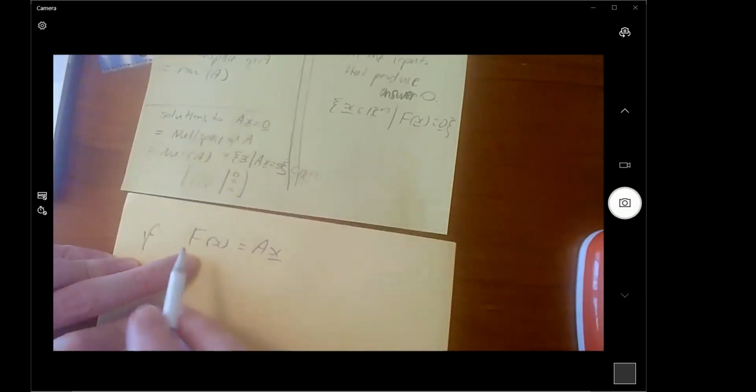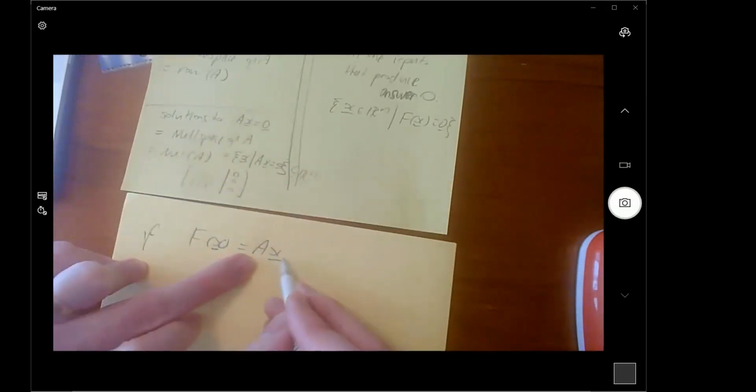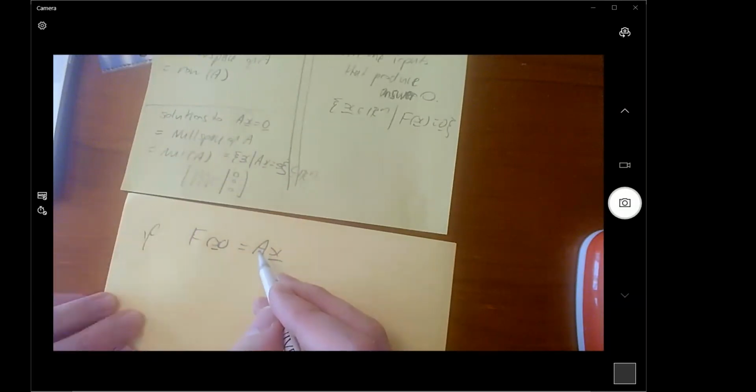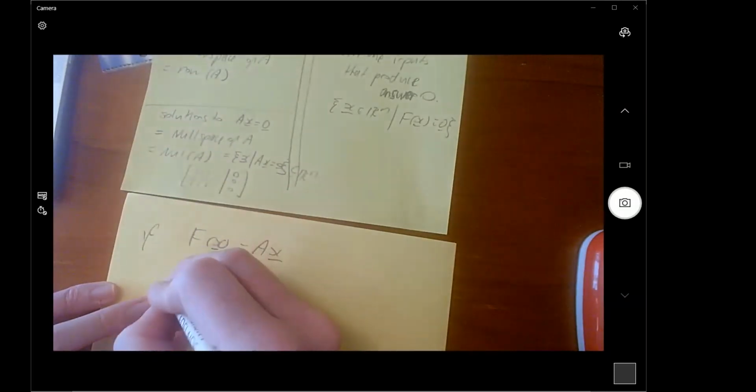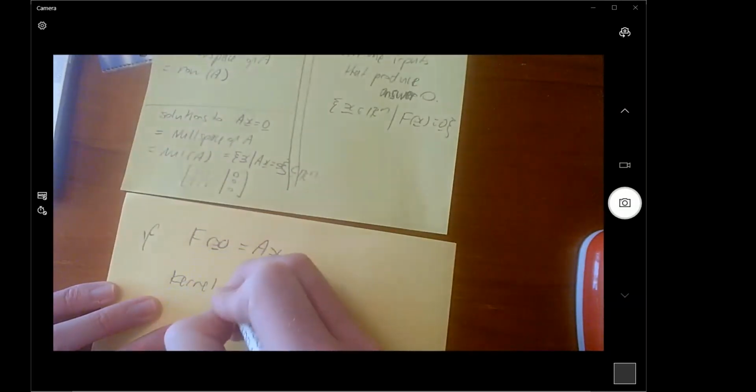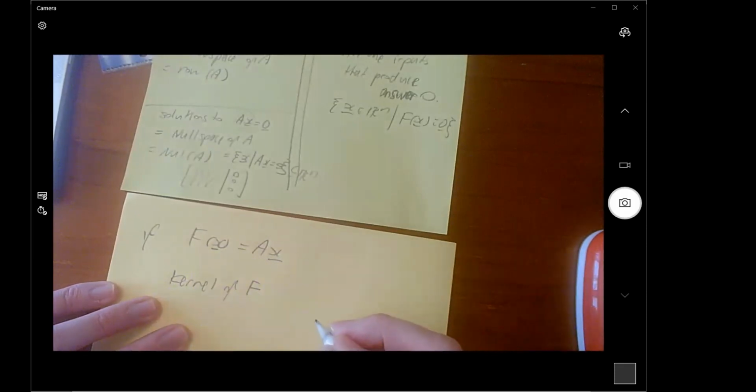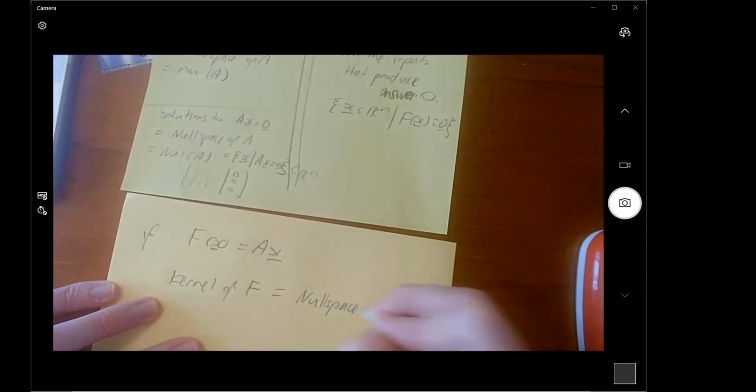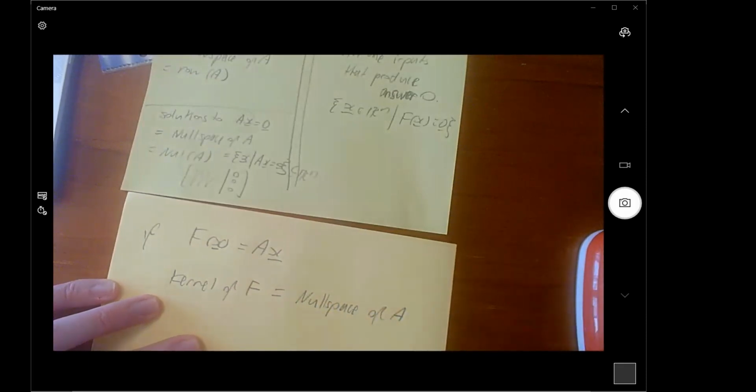If the formula for doing f of x is to multiply x by a matrix, then it turns out that the kernel of the linear transformation is the same thing as the null space of the matrix.